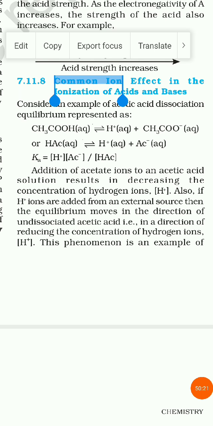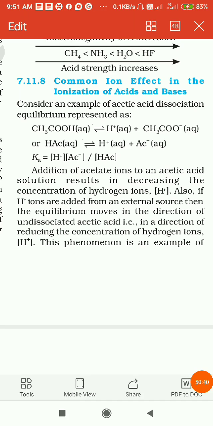So two different acids or two different bases sharing the same ion, that effect is called the common ion effect. Look here once again; I will explain one example.